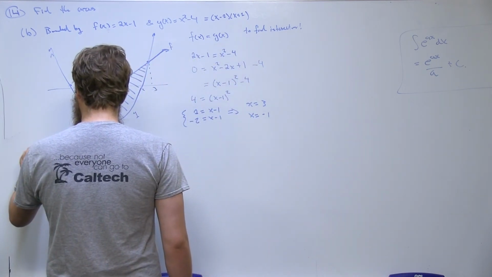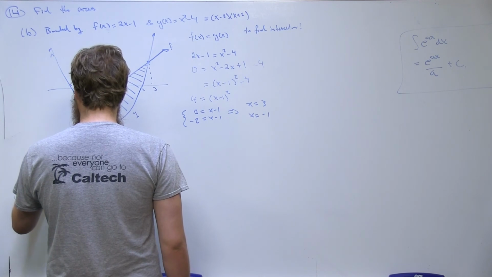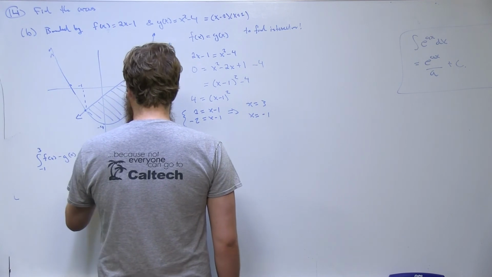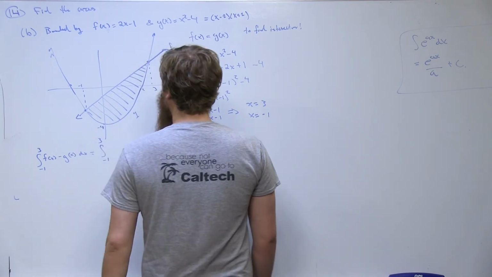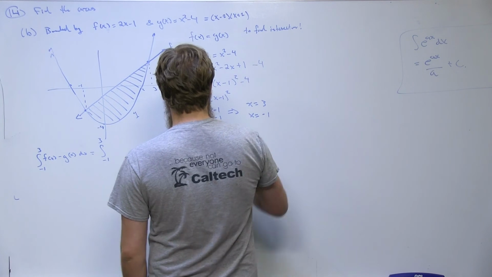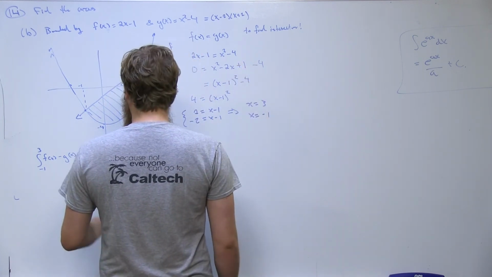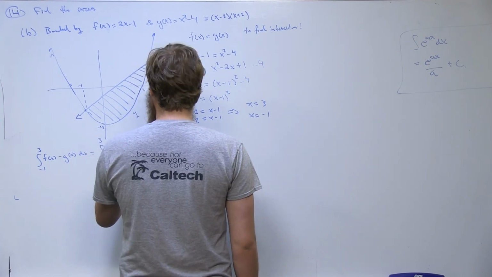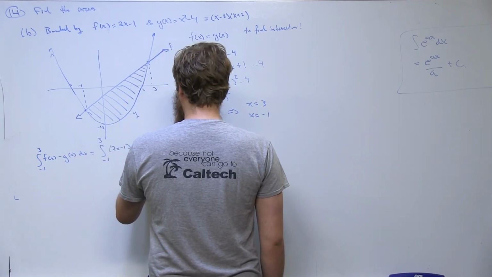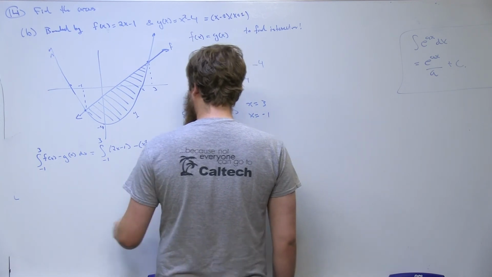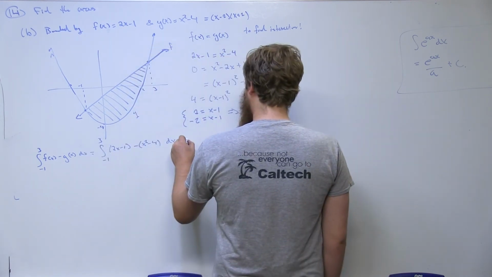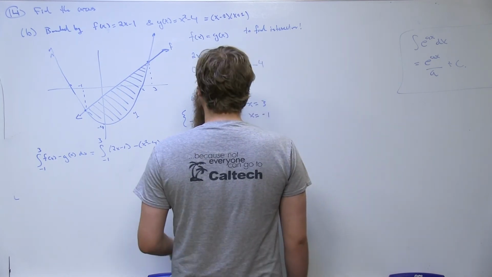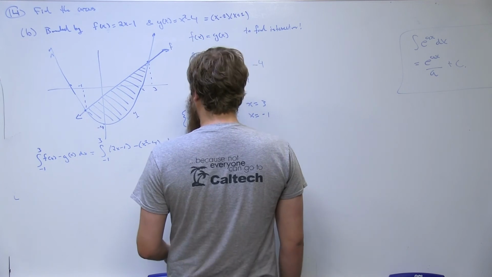The integral from negative 1 to 3 of f of x minus g of x dx is equal to the integral from negative 1 to 3 of, actually this difference, right? It's the same one, but we'll play nice. 2x minus 1 minus x squared minus 4, right? f of x minus g of x dx. Continuing on this way, that's negative 1 to 3. Right, yeah, not g minus f, f minus g.